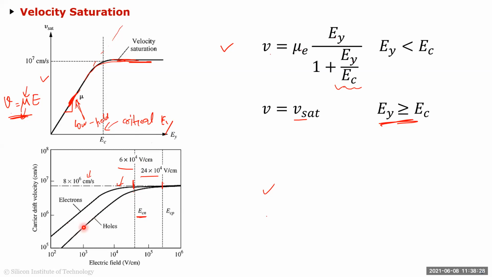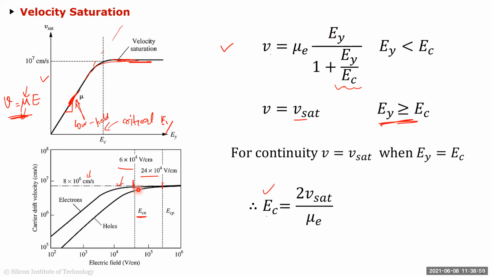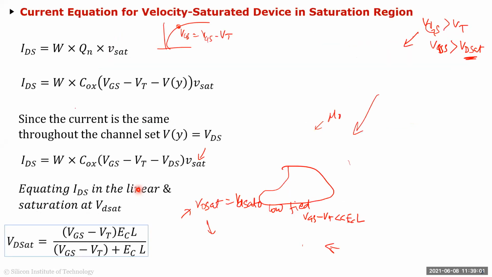The holes are slower, so you can see the slope is smaller than the electrons here. This is on a log scale, but in a long channel sense, the mobility of the electrons could be as high as 4 times the holes. So for the same VGS, you're going to get 4 times more current, right? But because it saturates faster, it's not going to be 4 times now, and that's what is shown in this curve here.